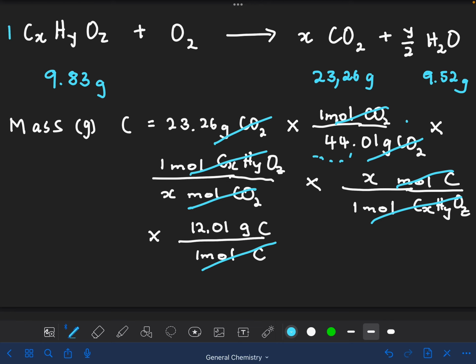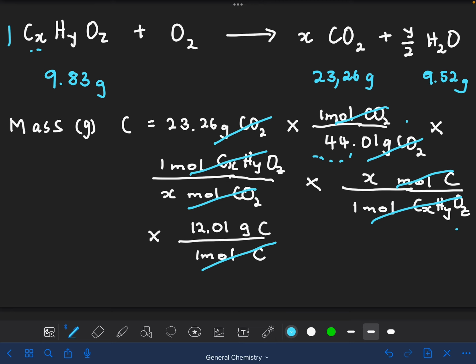So there is 1 mole of CxHyOz per X moles of carbon dioxide. That is what you're seeing here. And then over here, there are X moles of carbon per 1 mole of our sample. Up to this point, we're going to get the moles of carbon in the original sample.